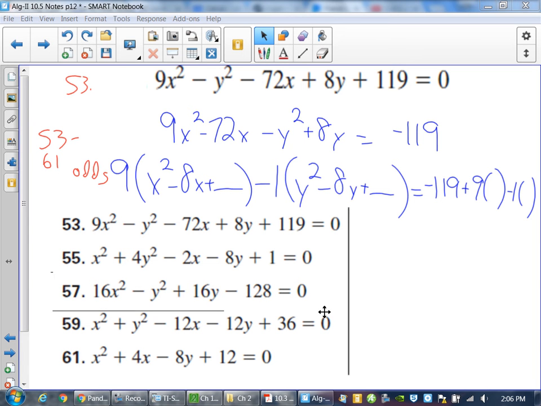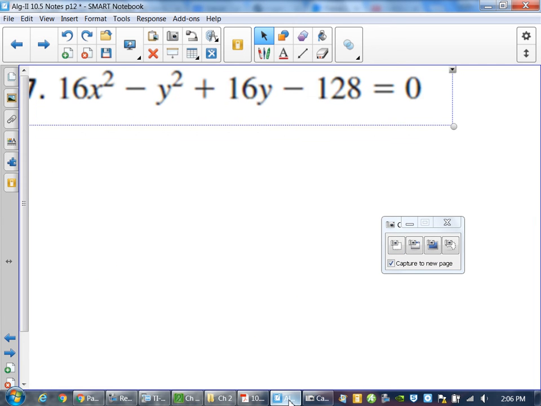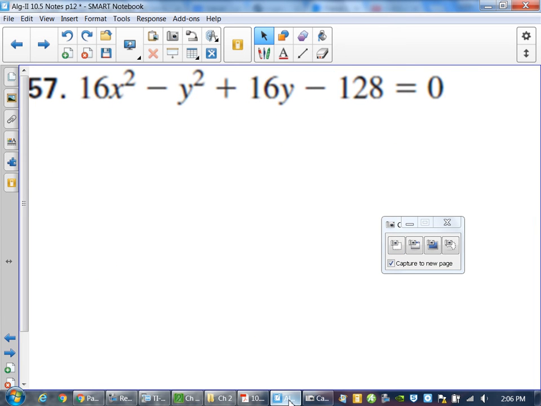57 has a nice trick to it that you have to be very careful about. When you look at 57, you don't have to worry about completing the square for the x squared portion. You just have a coefficient. But you do have to worry about it with the second part.